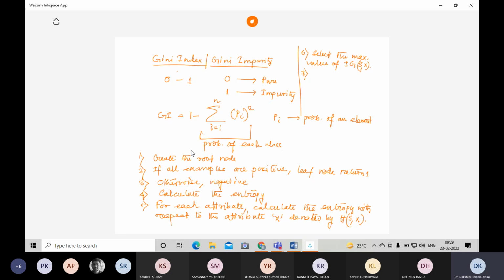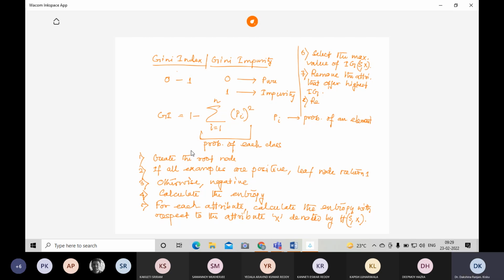And then we remove the attribute that offers the highest information gain from the set of attributes. And in the final step, we repeat until we run out of all the attributes.